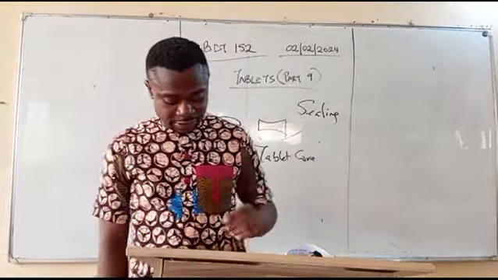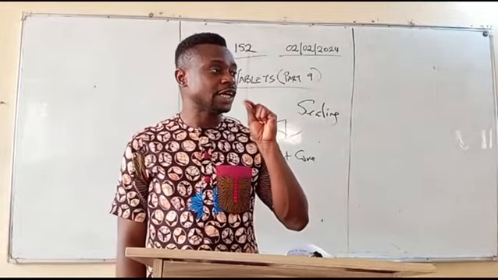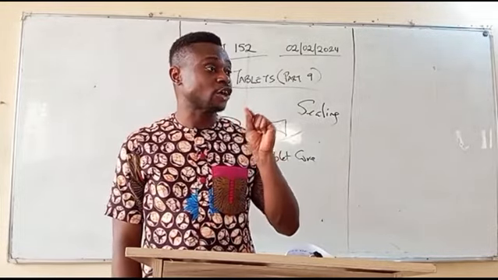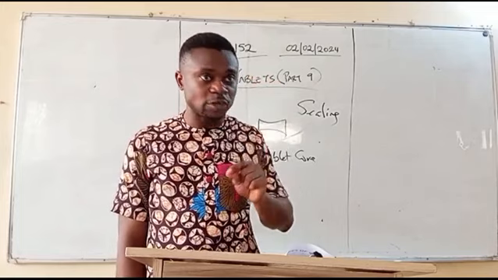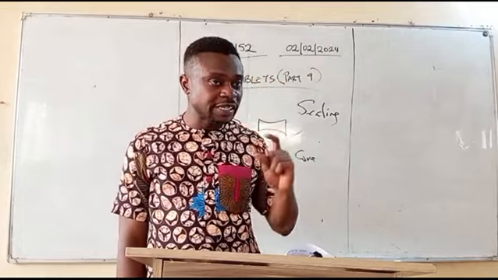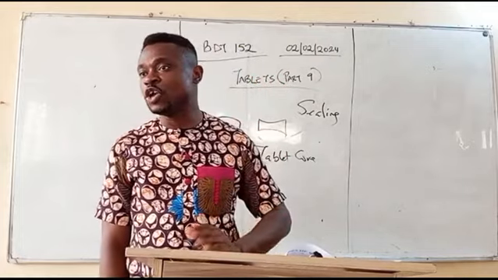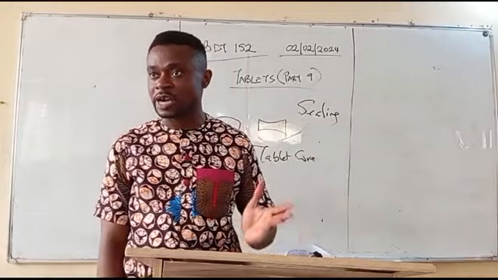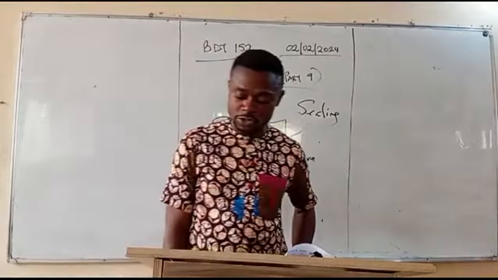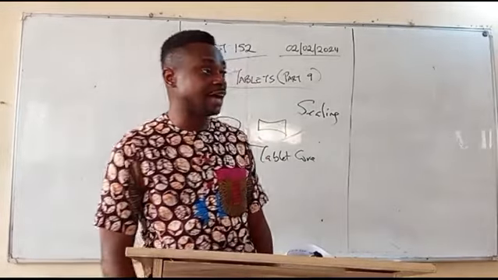What are the constituents of the syrup coating? You know, we've been talking about syrup. Of course, when you mention syrup, you know exactly what should be in it. The first one is colorant.